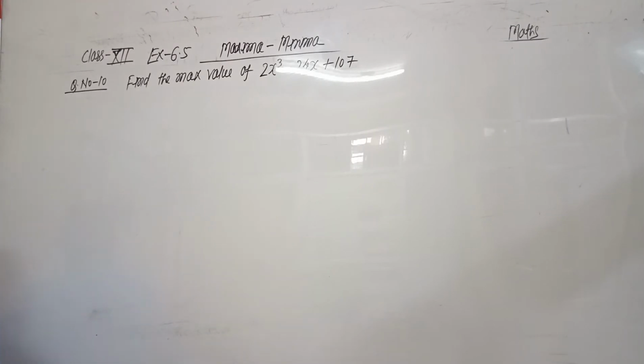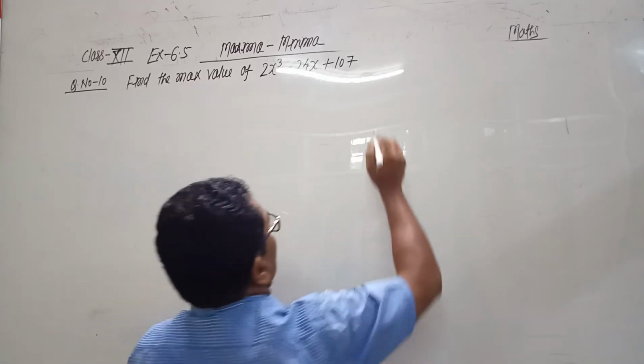Find the maximum value of 2x cube minus 24x plus 107 in the interval [1, 3].